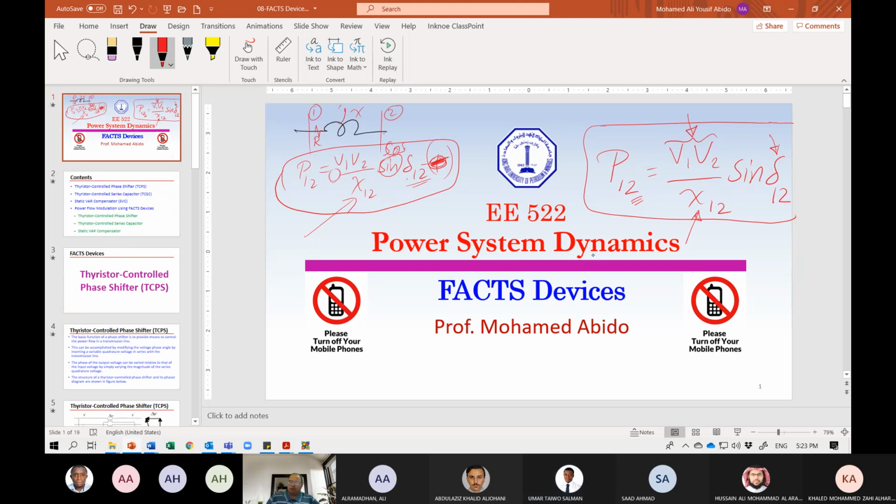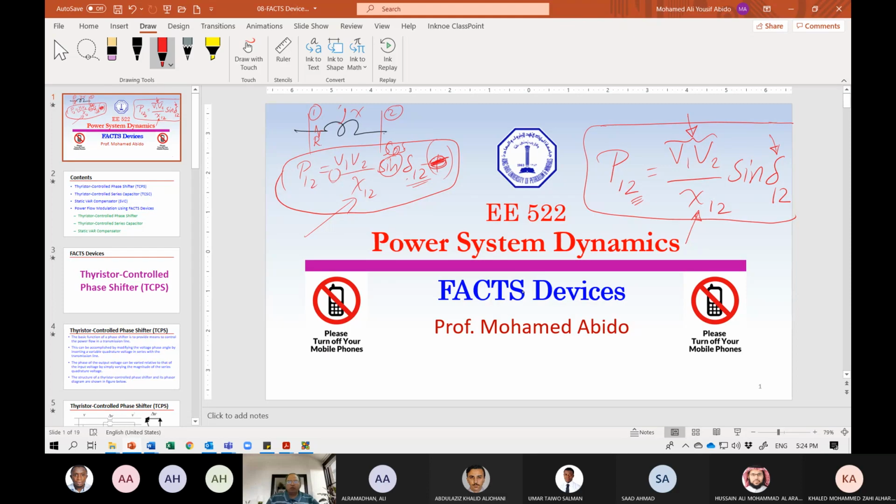If you increase the voltage, then you can transfer more power. If you reduce the reactance, you can transfer more power. If you increase the phase angle, or the phase shift, or the power angle difference, if delta increases, this sine will increase, and you also increase the power transfer.